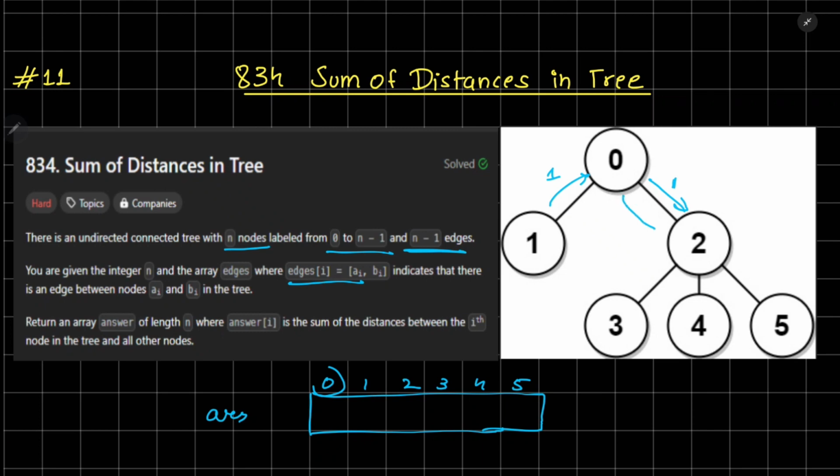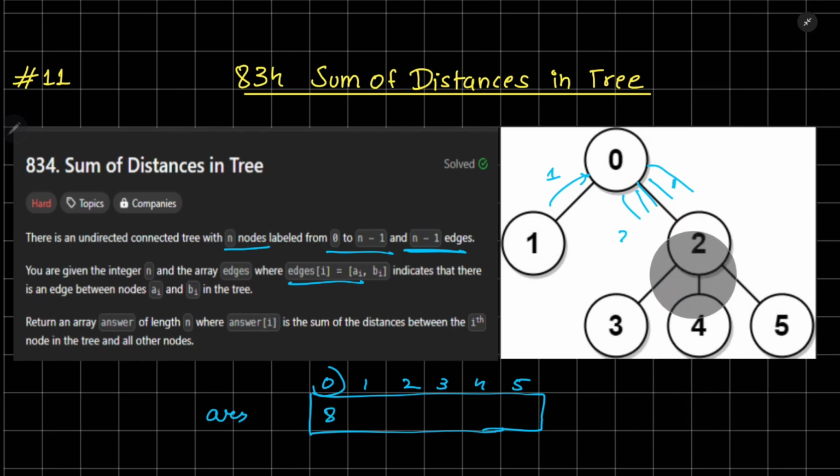Now 3 is two edges away from 0, so its distance is 2. For 4 again 2, and for 5 also 2, as we have to go through these two edges. So our final answer will be the sum of all these numbers, 1 plus 1 plus 2 plus 2 plus 2, that's nothing but 8. So it will contain 8.